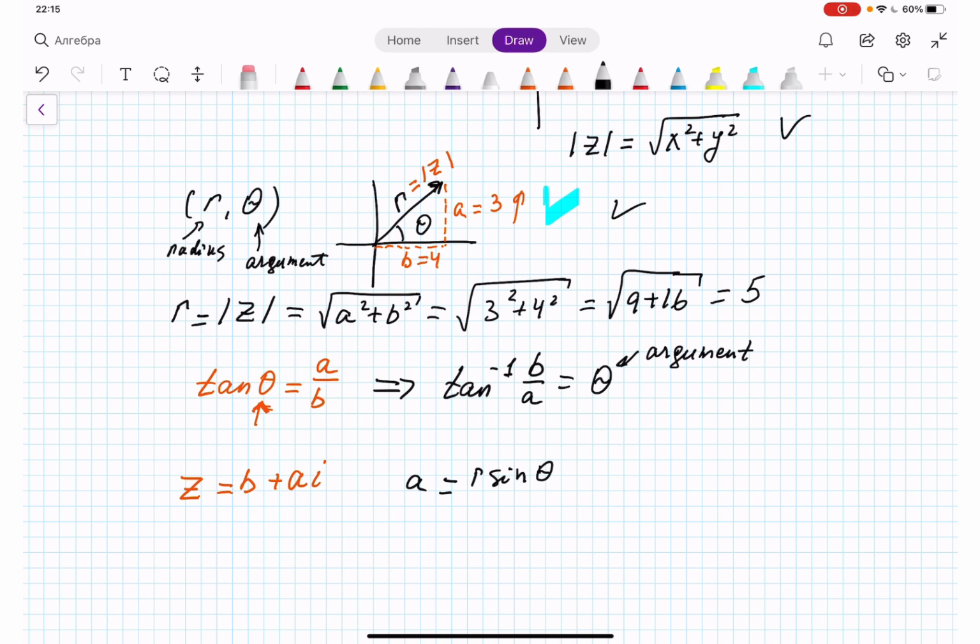So the opposite leg is equal to the hypotenuse times sine theta. In the same way, I can write that cosine of theta, which is b, is going to be equal to the radius times cosine theta.